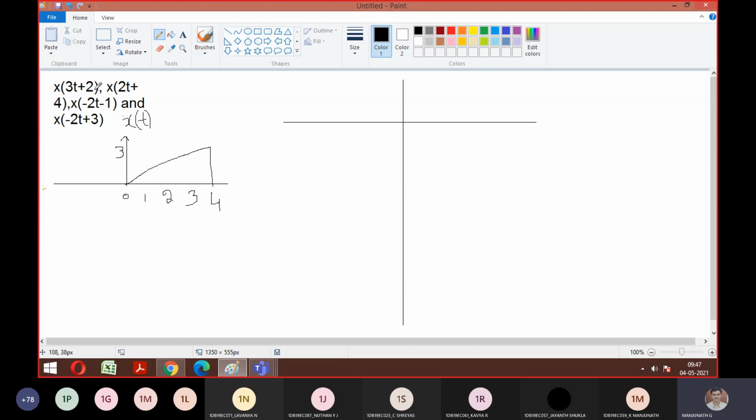What is the thing you're supposed to do? First you do that. Next one, go one below the other. If you put one below the other, then you can compare with the original signal and do the things easily. Go ahead. Finish this.